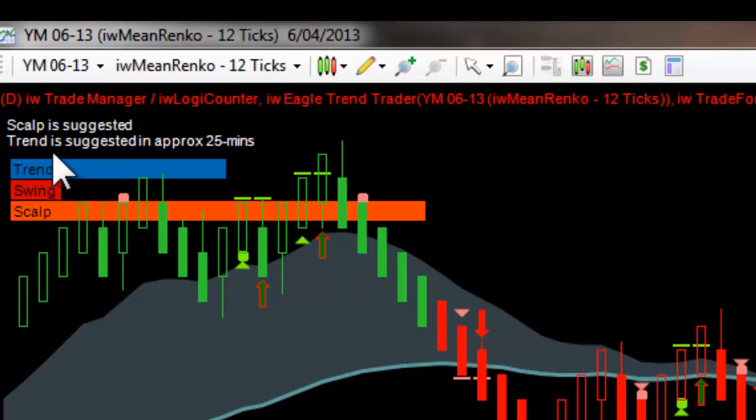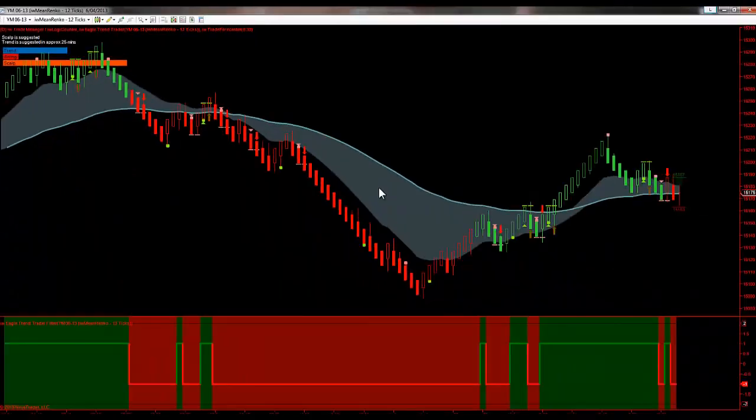In fact, it's saying we may have a trending environment in approximately 25 minutes, and that would make sense because that's going to coincide more or less with the Asian market open, at which time we may actually see a trend developing. So I'll keep an eye on this. If in the next half an hour or so I get a trending signal that I like on my trend tool, well then I can be a little bit more aggressive with that.